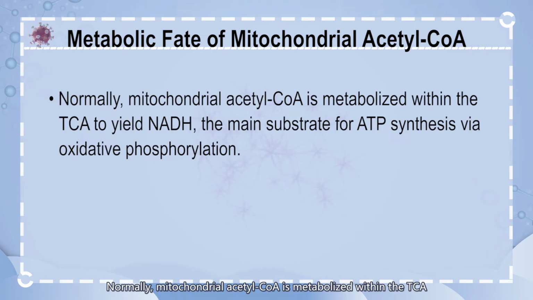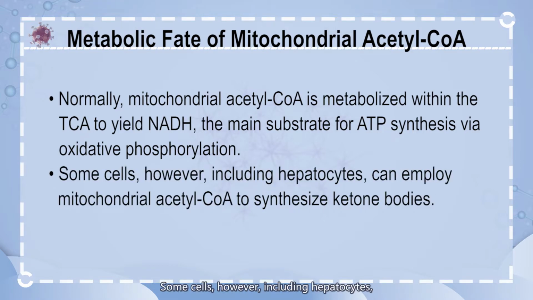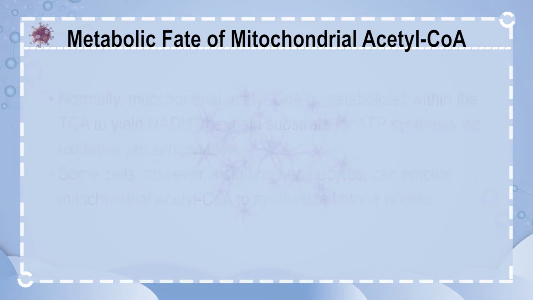Normally, mitochondrial acetyl CoA is metabolized within the TCA cycle to yield NADH, the main substrate for ATP synthesis via oxidative phosphorylation. Some cells, however, including hepatocytes, can employ mitochondrial acetyl CoA to synthesize ketone bodies.